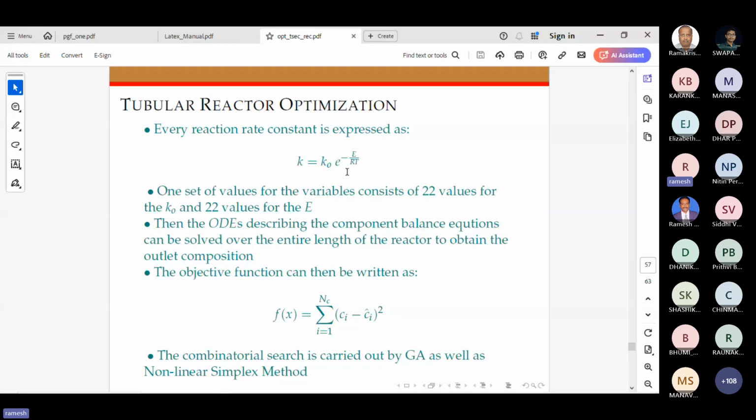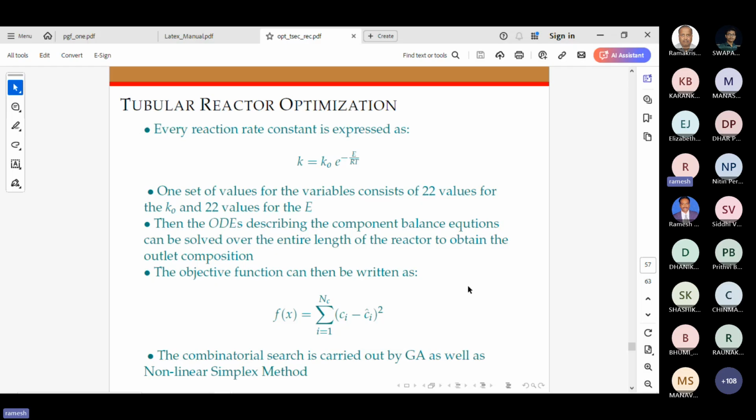What we had was a set of available data: the output compositions for specific input data. For each specific input, it is as if you are passing the initial values into the reactor, simulating the tubular reactor, and finally getting the output.